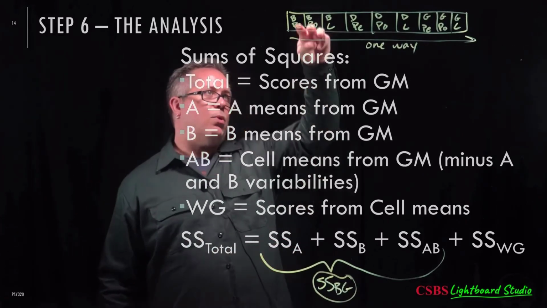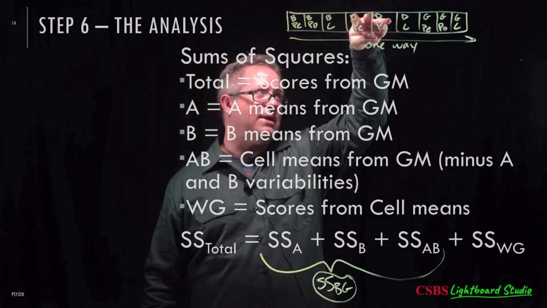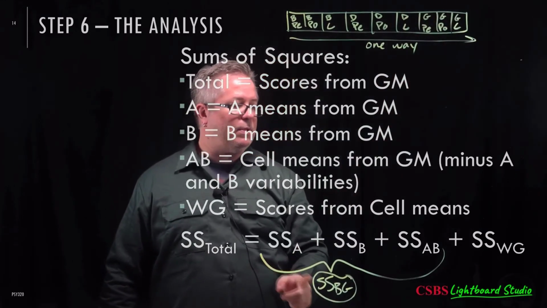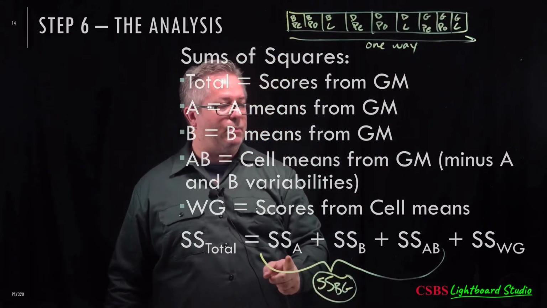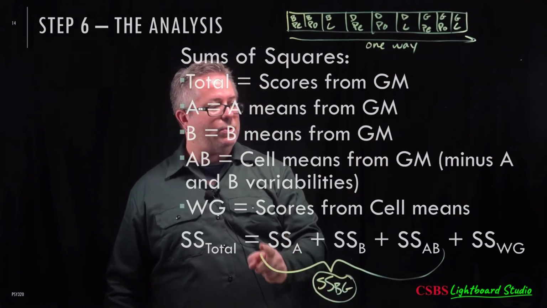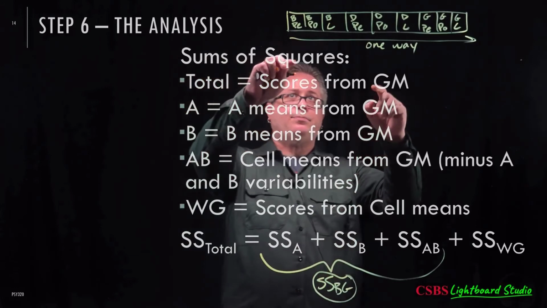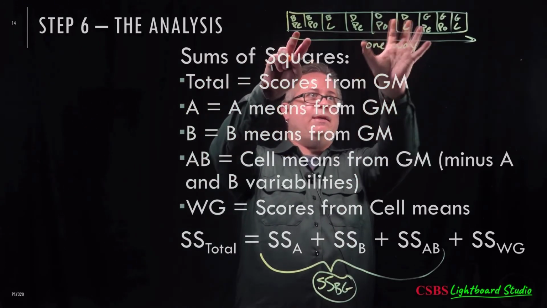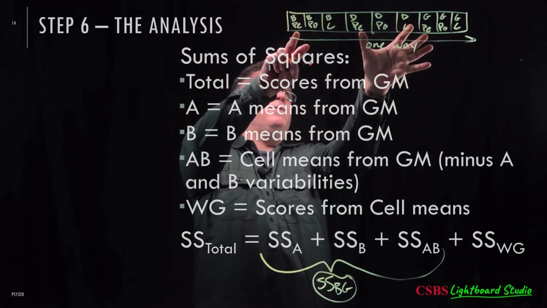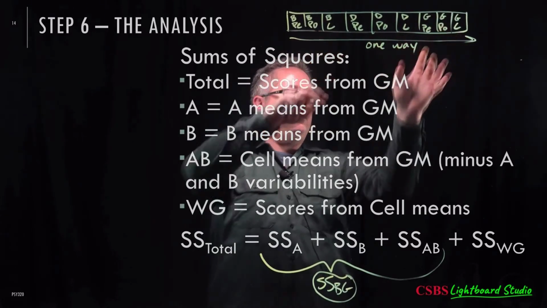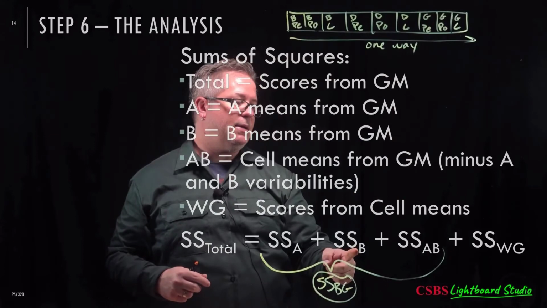I want Beechnut versus Del Monte versus Gerber, which is my A effect. So I'm going to take the sum of squares between groups and do part of it as, well, how much do the brands differ? And then I also want to look at peas versus potatoes versus carrots, which is my sum of squares B.